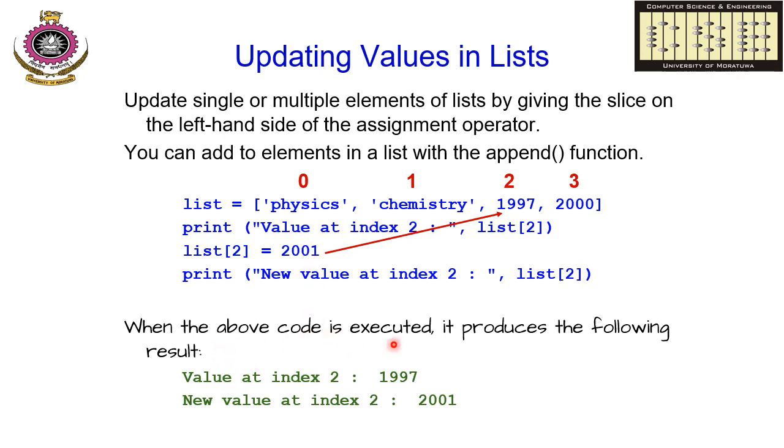When the above code is executed, it should produce the following result. Initially the value of index 2 is 1997, and after the update the value at index 2 will be 2001. So this is the updating procedure available for Python lists.